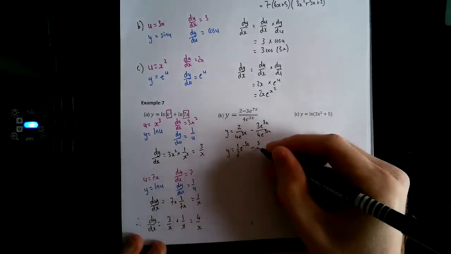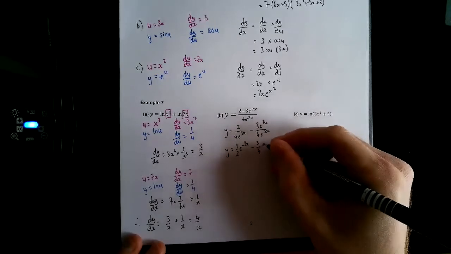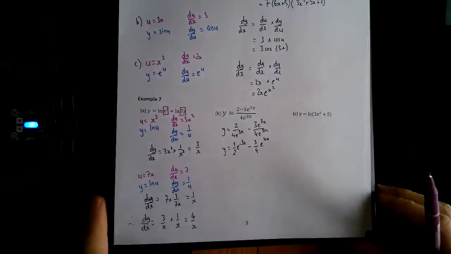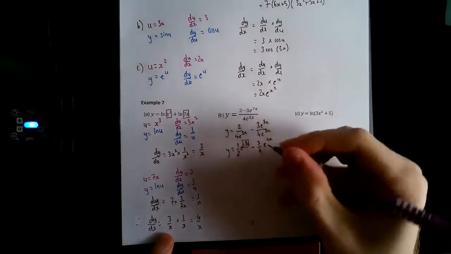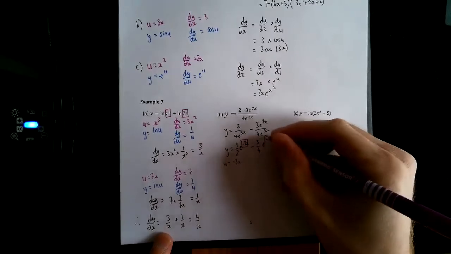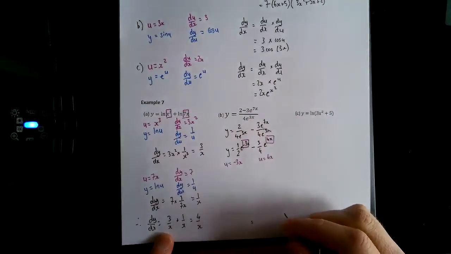This one, 3 over 4, take away the power, so it's 7x take away 3x, which is 4x. And then you would use the chain rule on each one separately. So on this one, my u would be minus 3x. And this one, my u would be 4x.